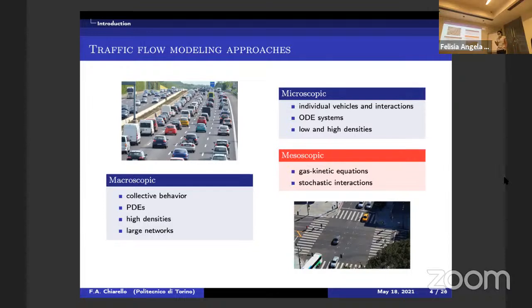In particular, we will start from microscopic traffic models, and we will recover well-known macroscopic models. We will use gas kinetic theories, and we will imagine interactions between vehicles like collisions between particles in gas dynamics.